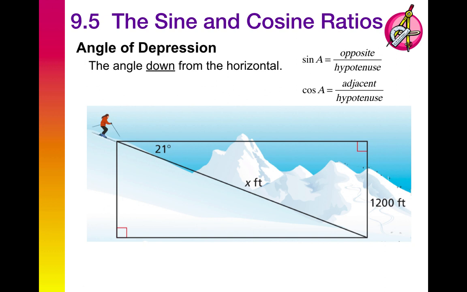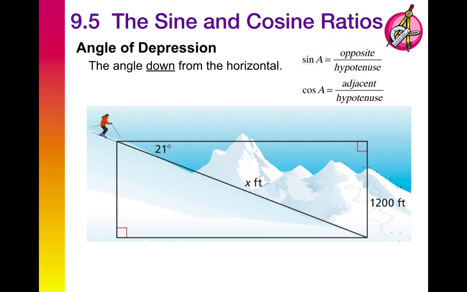A way I can do that is I can say, here's my angle, 21 degrees. I have the hypotenuse here that I want to find, and I have the opposite side. The opposite side is 1,200 feet. Whenever I think about the opposite, I think of the sine ratio.